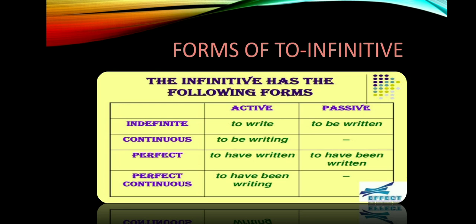In continuous tense, to be writing, and there is no passive of it. Then we have perfect, to have written, active form, to have been written, passive form. Then we have perfect continuous, to have been writing, active form, and there is no passive form for it.